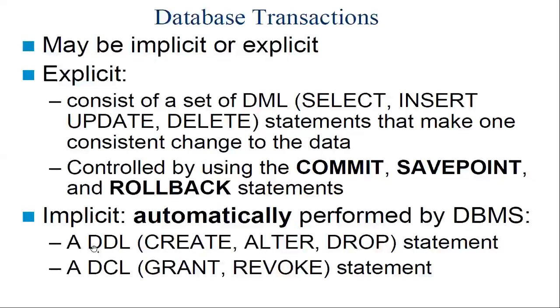When you use a DDL command or a DCL command, for example creating a table, altering a table, or dropping a table, after using the DDL command it is automatically committed, that is, done implicitly.